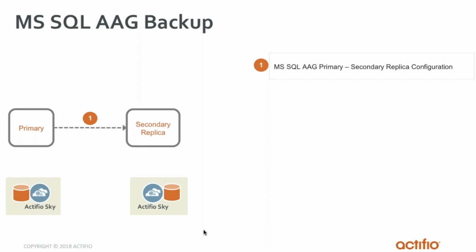And the interesting thing about this is customers are so accustomed to backups being very high impact that Microsoft built into the availability group architecture the ability to run backups from the secondary instead of the primary to help minimize that impact on production performance and response time.